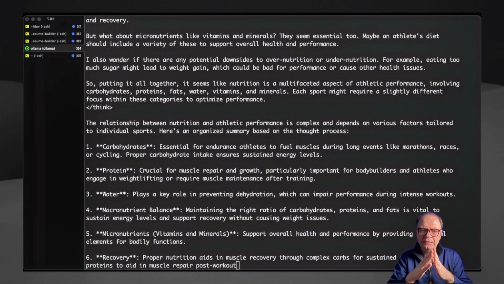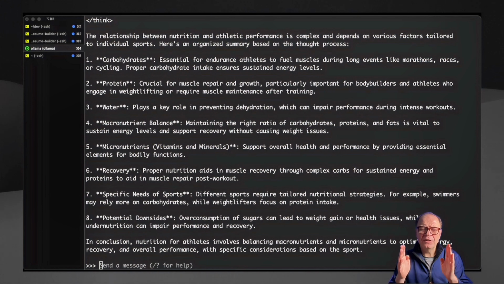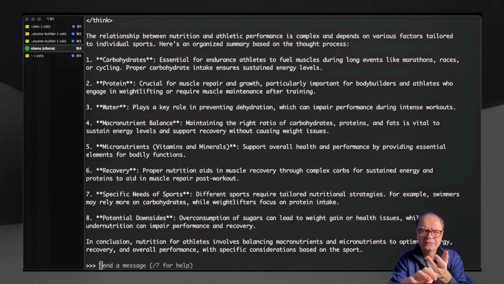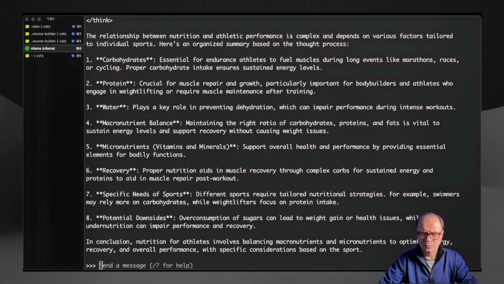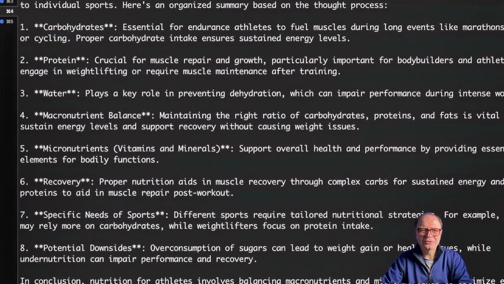At the end, it's summarizing it into different items that pertain to the final answer. They will be synthesized to come up with the final answer. And we have a list of 10: the nutrition, the carbohydrates, the protein, the water, macronutrients, micronutrients, recovery, specific needs. This is a phenomenally good answer, and it's on par with some of the better commercial models, as many people have already commented. Let's test it with another question real quick.